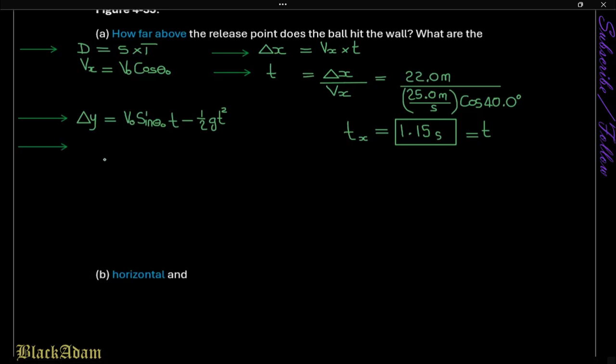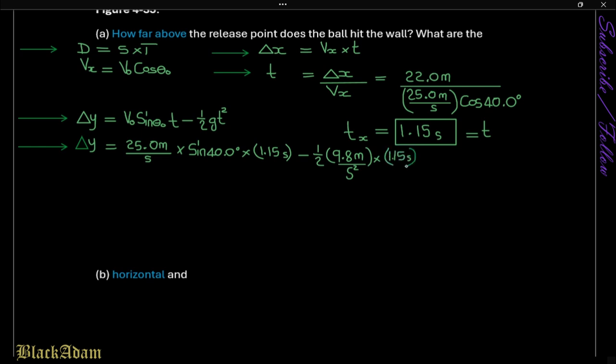So change in y is 25.0 meters per second multiplied by sine 40 degrees multiplied by time, 1.15 seconds, minus half of 9.8 meters per second squared multiplied by 1.15 seconds squared.